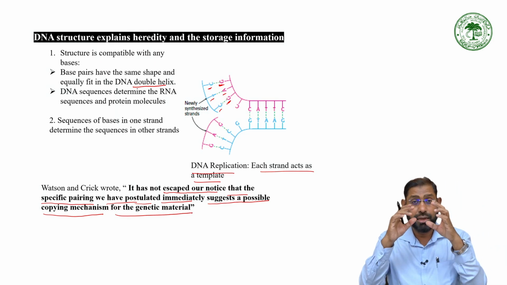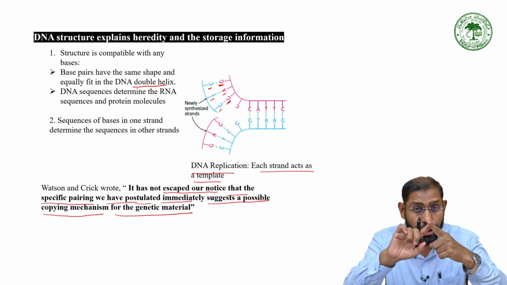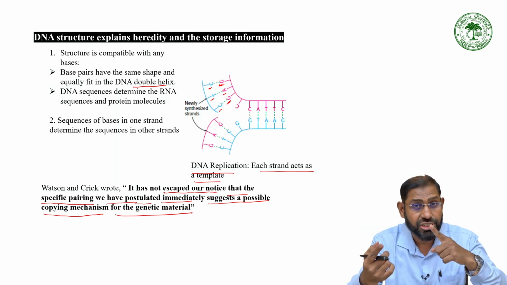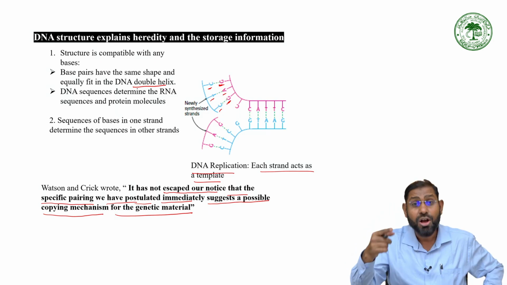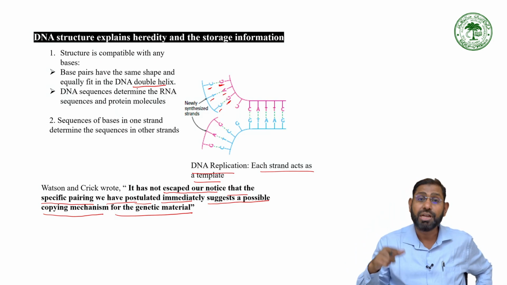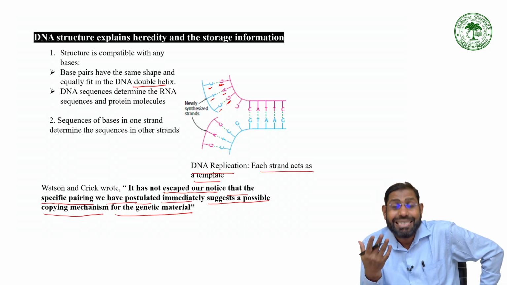When they revealed the specific pairing in the helical structure, that specific pairing revealed that this material has the characteristic of copying our genetic material. That is a very unique structure, and that's why it's revealing itself.